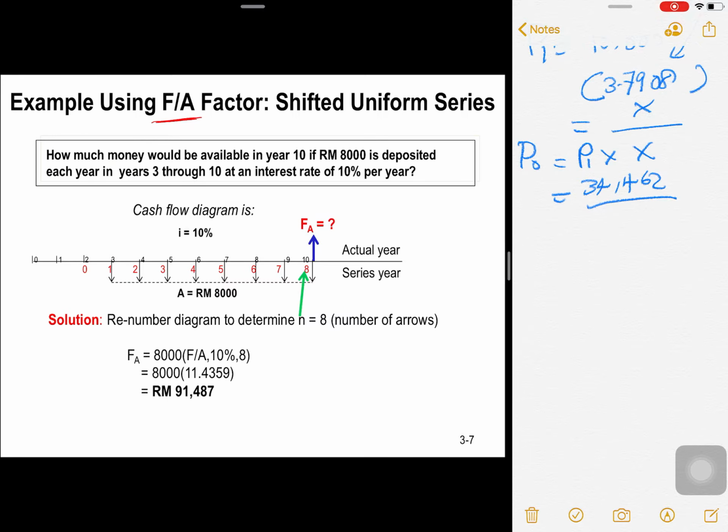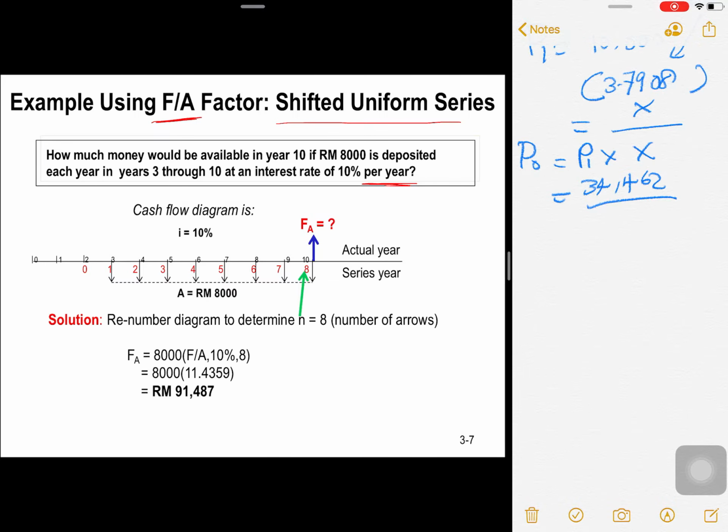Now we want to use the future worth value of the shifted uniform series. How much money would be available in year 10 if 8,000 ringgit is deposited each year in years 3 through 10 at an interest rate of 10% per year?